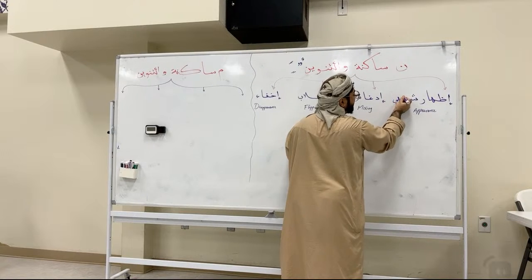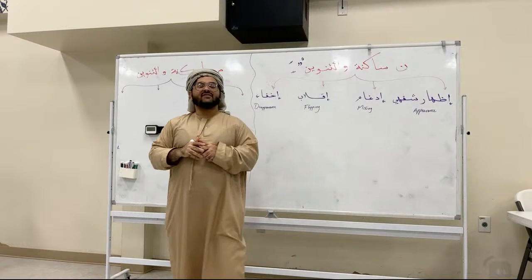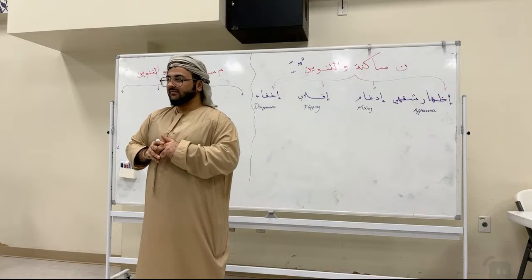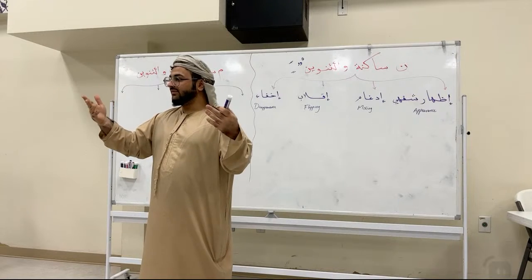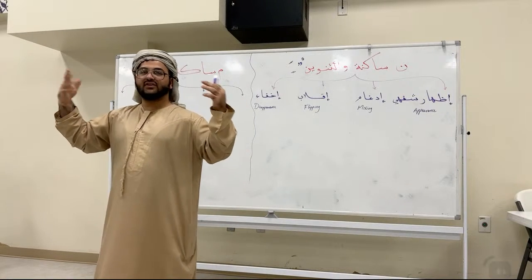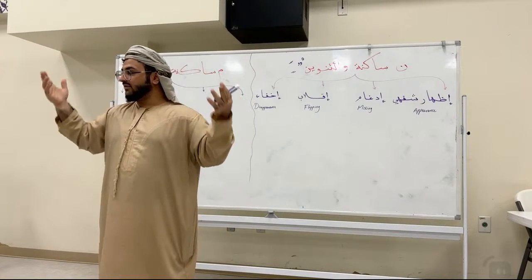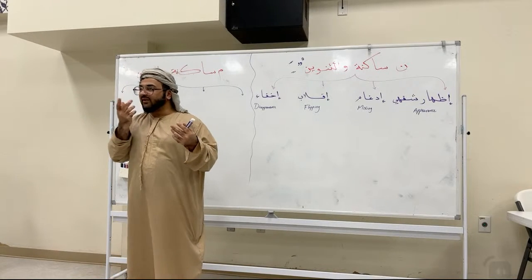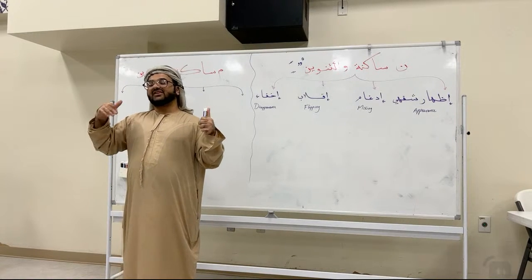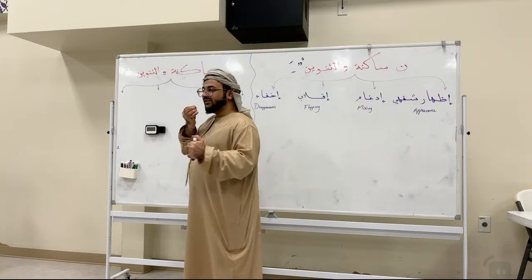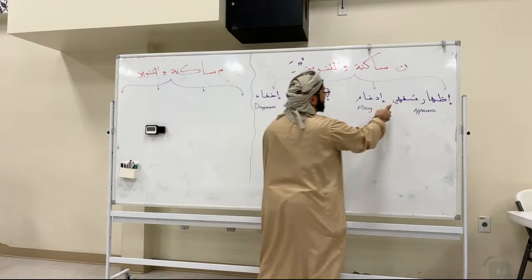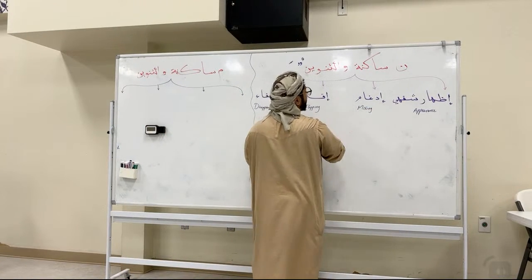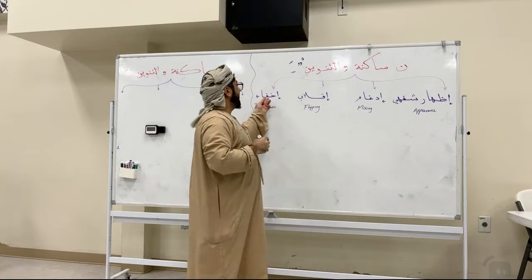As I remember, in Yemen they say اختبار شفهي, oral. You talk, like ظاهر شفهي. You don't say اختبار شفوي. شفوي is specifically from the lips. إظهار شفهي, إدغام شفهي, إقلاب شفهي, إخفاء شفهي.